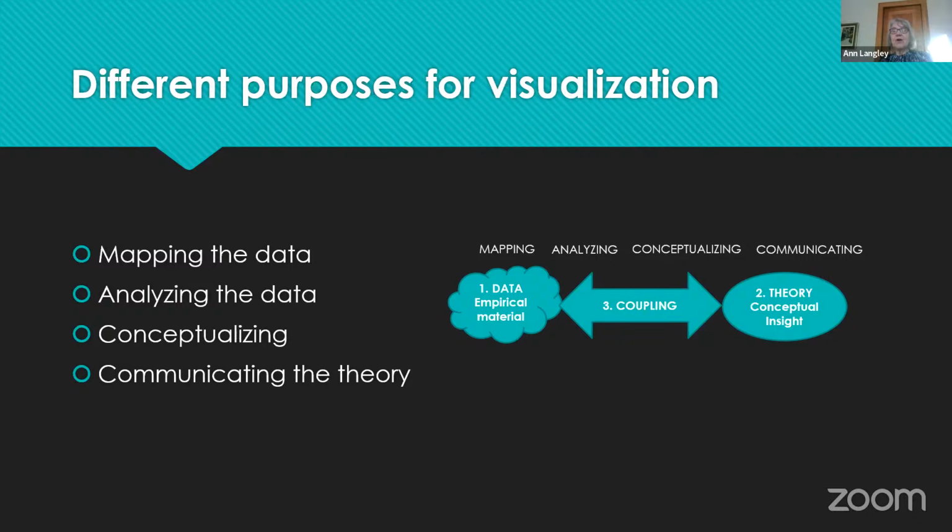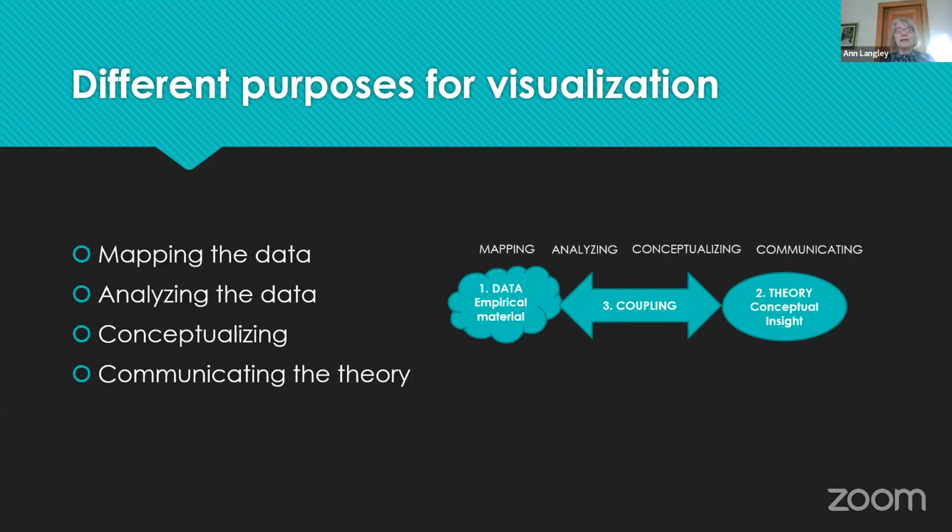That is not what the author necessarily started with. That's the distillation of their theoretical ideas. So they're using it for conceptualizing or communicating their theory. But you can also use visualization for actually mapping your data, okay? Not simply presenting the findings or the theory, but also for mapping and analyzing the data themselves. So it becomes a coding tool, essentially.